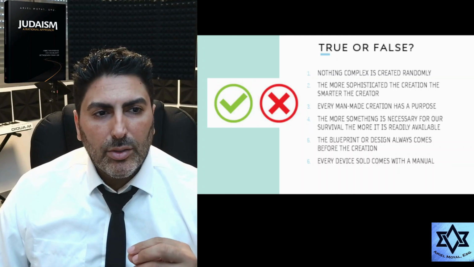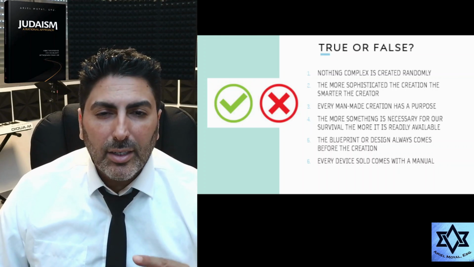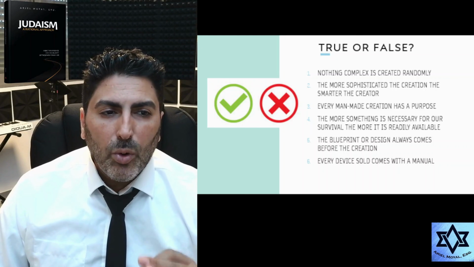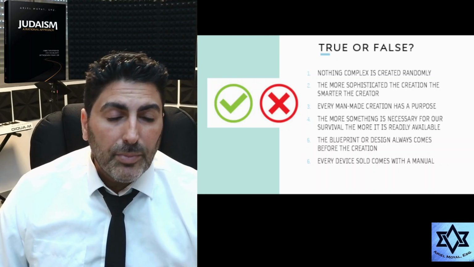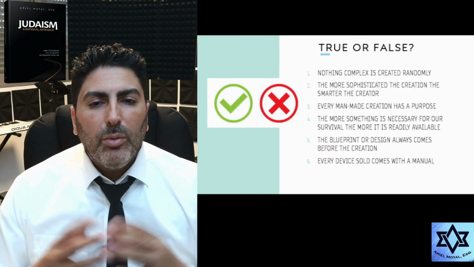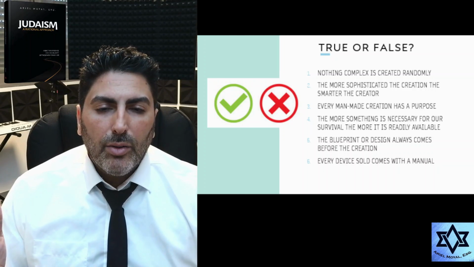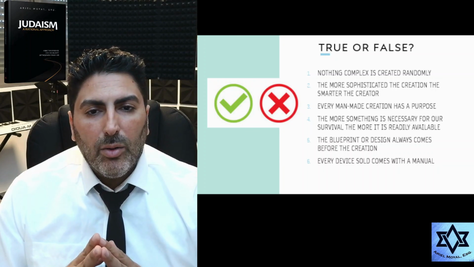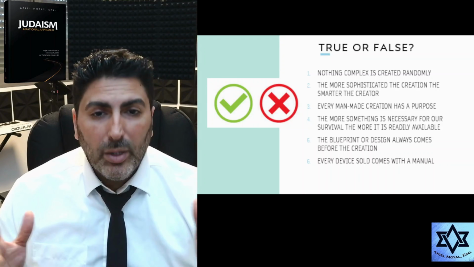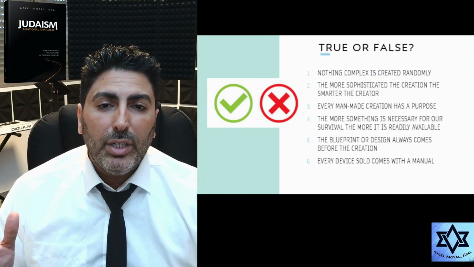True or false? The more something is necessary for our survival, the more readily available it is. What's the most elementary thing we need to survive? Air, oxygen. Oxygen is available everywhere in the world, and it's absolutely free for now.